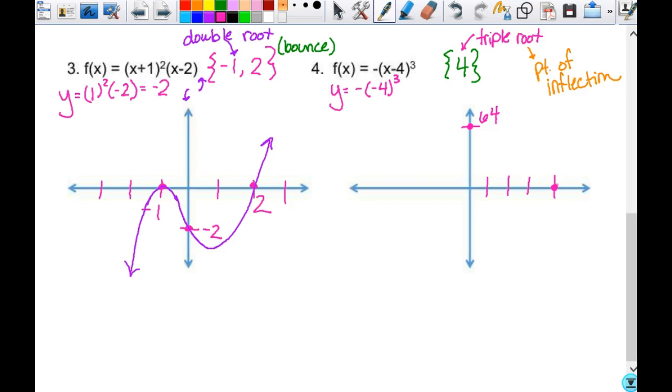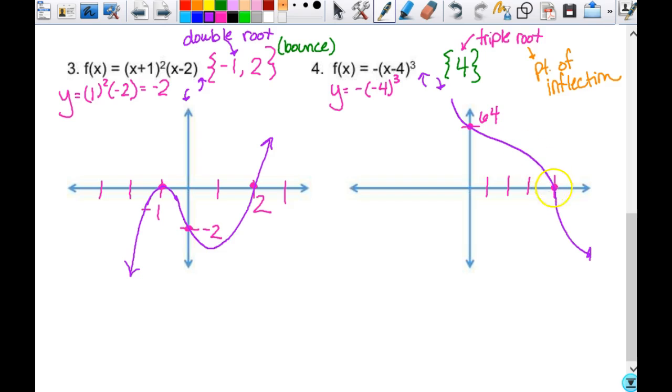Okay. So that should make sense because I can't really start over here and go through the axis and end up over there, right? So I've got to start over here. My end behavior is going to look like this. Everybody understands your end behavior based on that, right? We're all good on that? Okay. So it's going to have to come down from infinity, cross at the axis, and then the concavity changes, right?